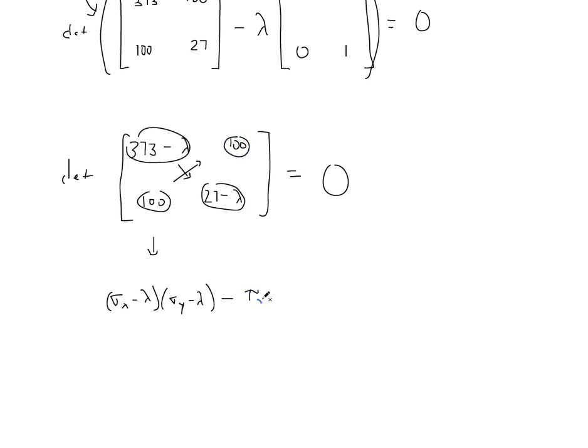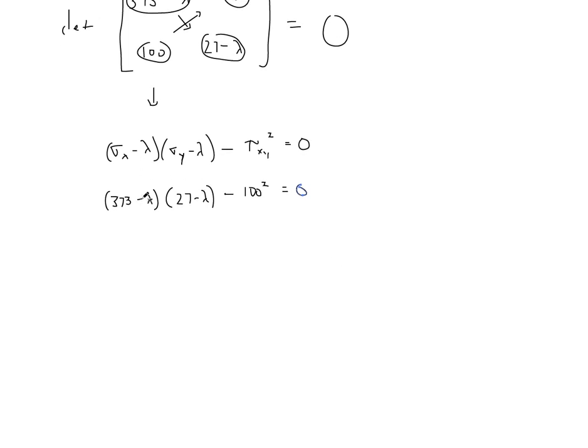So tau xy squared equal to 0. And here I'm solving for lambda. So in our particular example, I have 373 minus lambda times 27 minus lambda minus 100 squared equal to 0. All right. I can solve this all the way down.